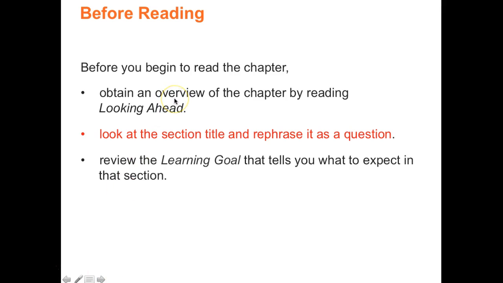So before you begin to read, get an overview by reading through the looking ahead. This is important, that's why I have it in red. Look at the title of the section and then rephrase it as a question. At the end of the chapter, they always have a concept map.